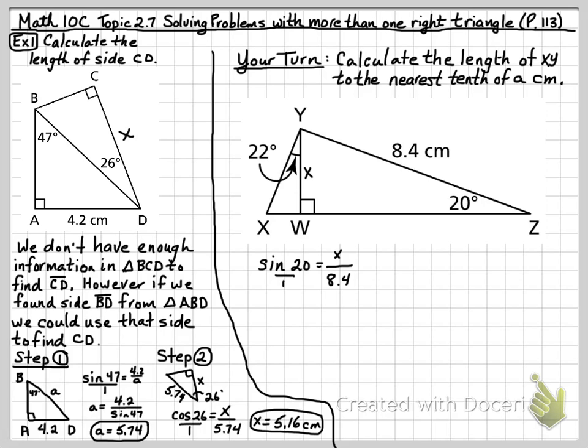Cross multiply, and we're going to get X is equal to 8.4 times the sine of 20, and X is 2.87.